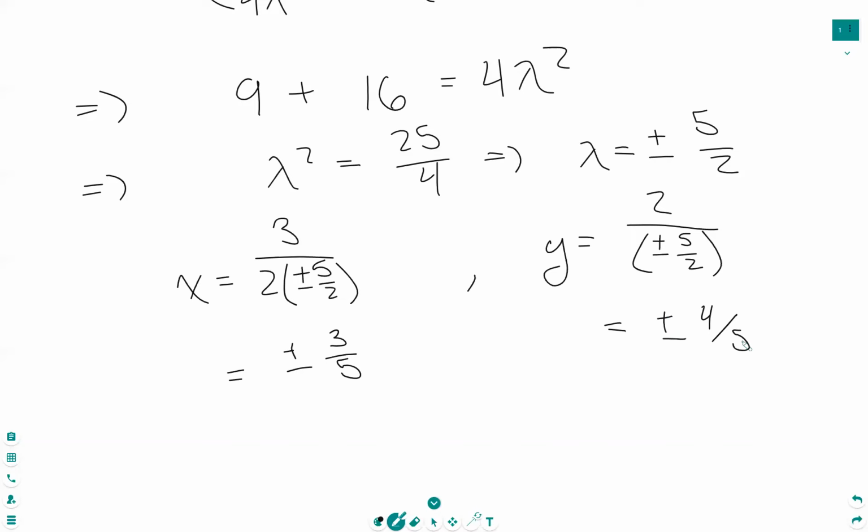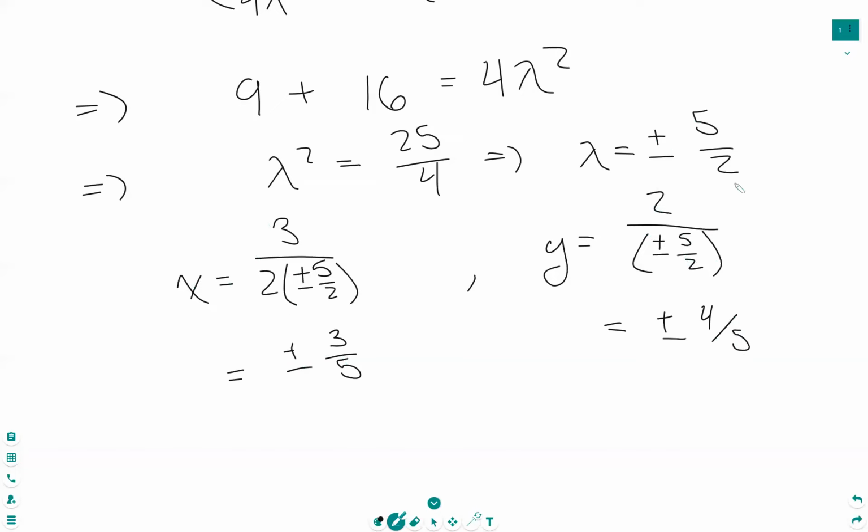Okay, next question. How many points does this mean that we have? Does this mean that we have 2 points, or does this mean that we have 4 points? So let's keep track of what we're doing with this plus and minus here, and think about it in each case. If lambda is positive, then I plug in the positive version here, and I get the positive version here, which also means that I plug in the positive version here, which means that I get the positive version here. So both of them are positive if lambda is positive.